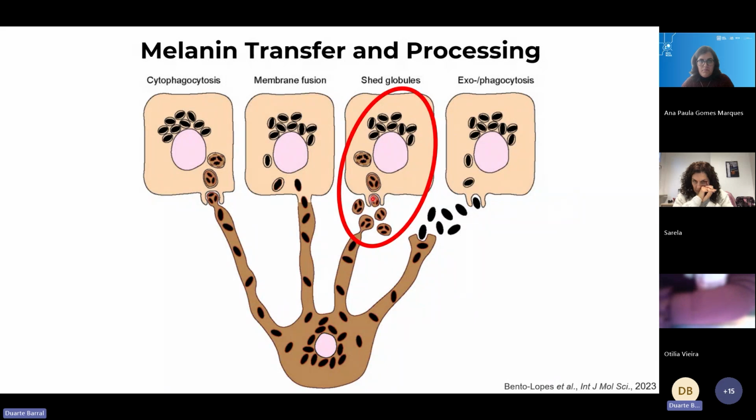It's never the same amount or same form of melanin, but still to get some to pass from melanocytes to keratinocytes. And that's why we saw these melanosome-laden globules inside keratinocytes, instead of nice individual granules, usually, like I showed you before.